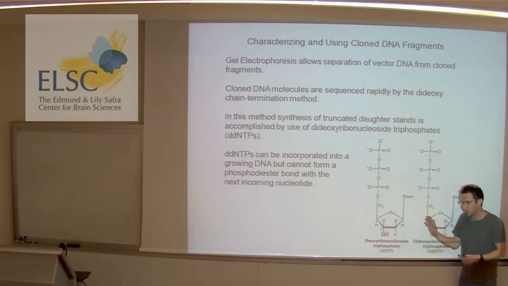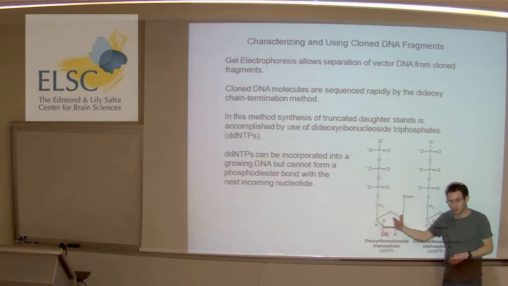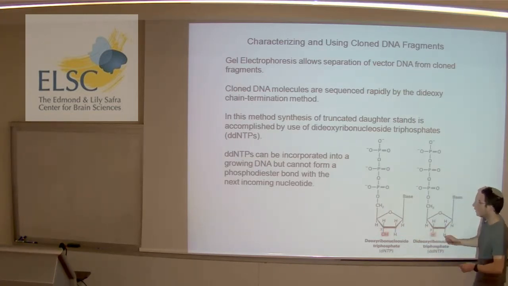So DNA replication stops with this derivative. The natural one can link to the next nucleoside and so on, but once this one enters the DNA fragment, that's where the elongation stops.